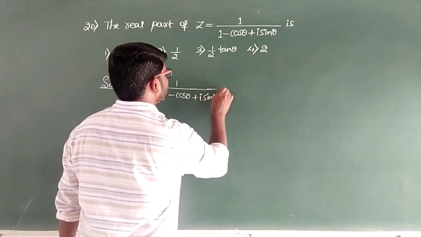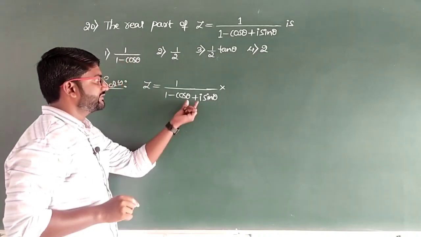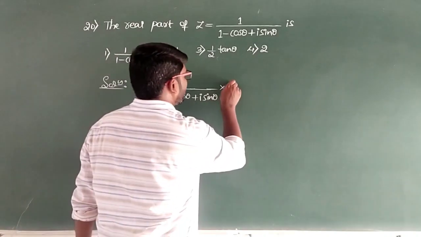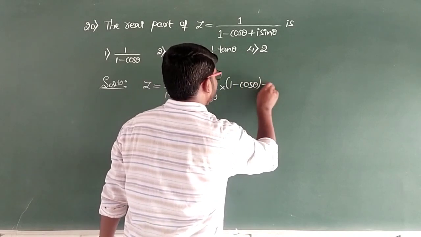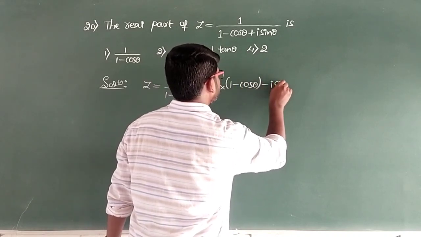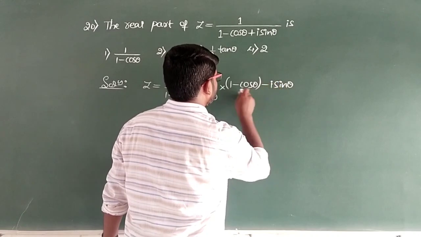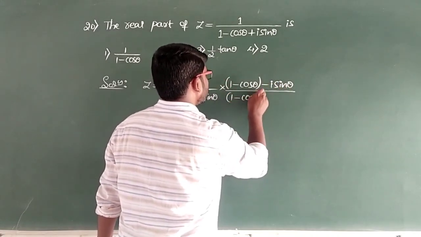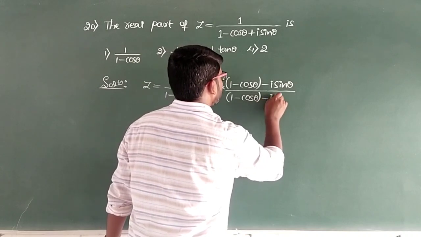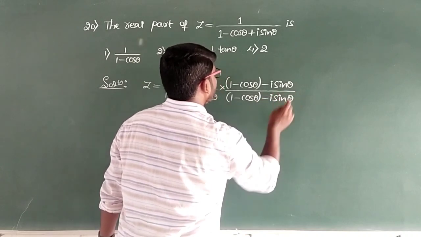Sin theta is the imaginary part. So multiply and divide by the opposite sign of the denominator. We will have to multiply and divide by 1 − cos theta minus i sin theta.